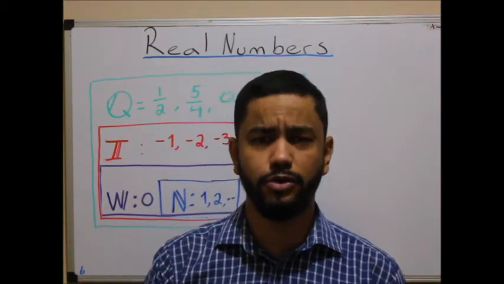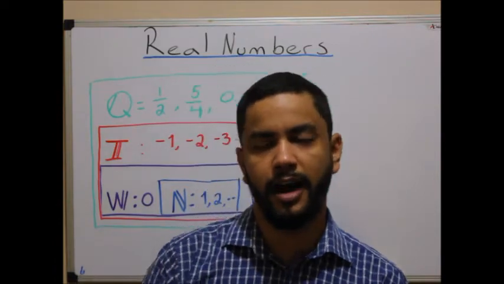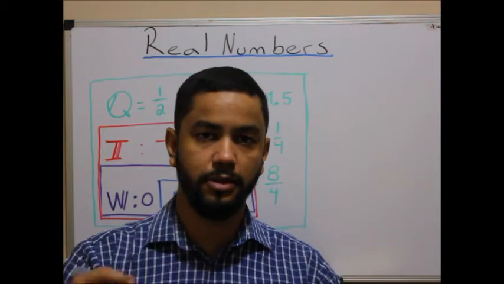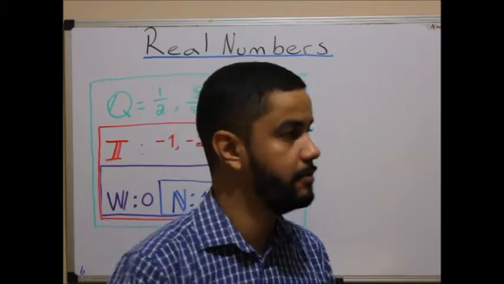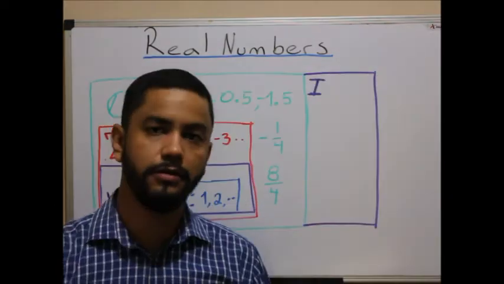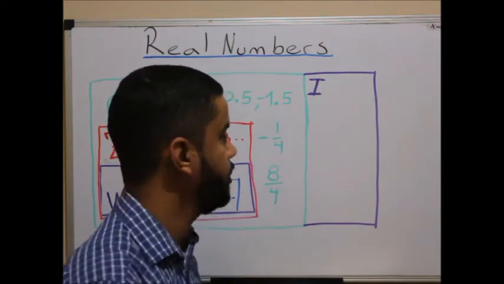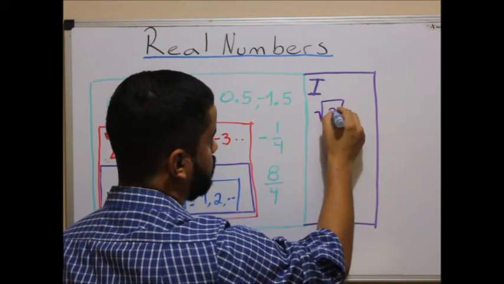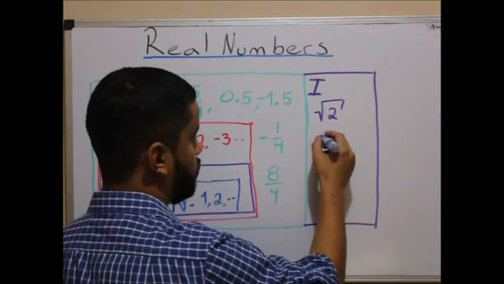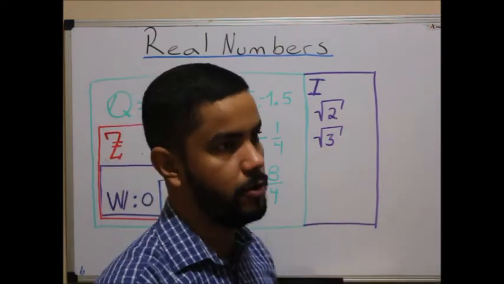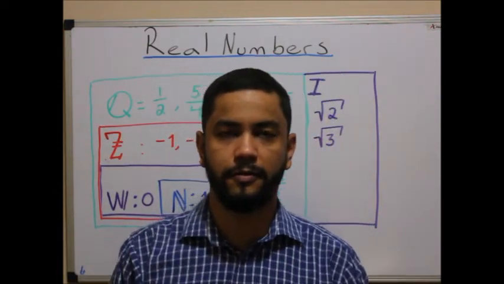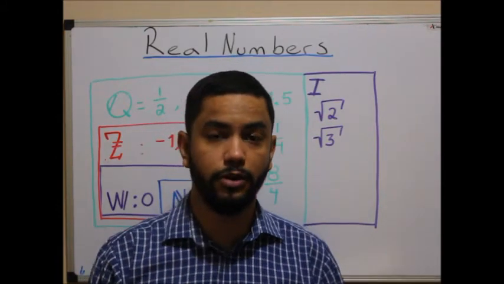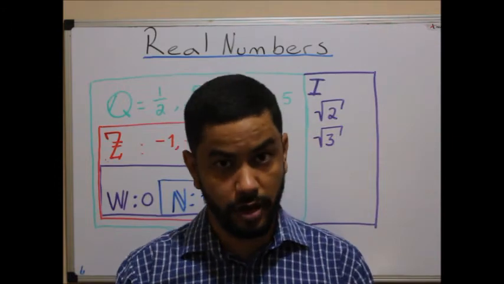But what happens with those numbers that have a lot of decimals? Those numbers belong in a separate set, the irrational numbers, like the square root of 2, the square root of 3. The square roots of prime numbers are irrational.